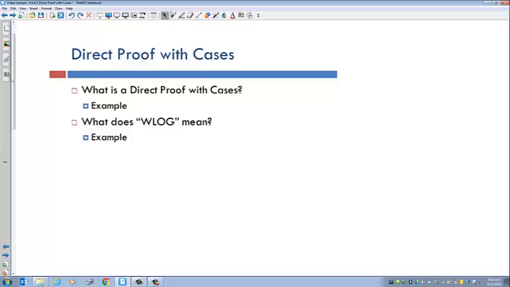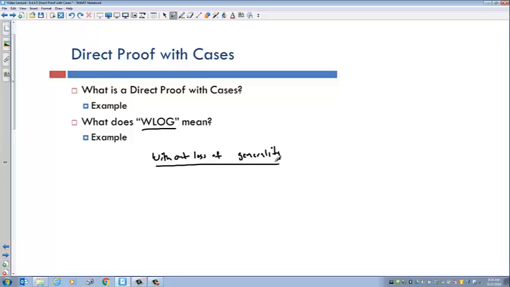And so WLOG, what it means is without loss of generality. And that's what WLOG stands for.